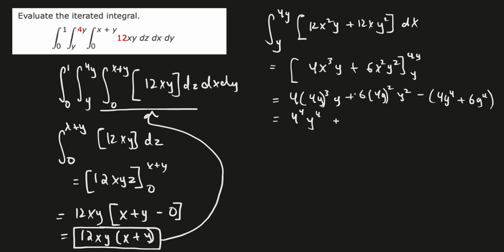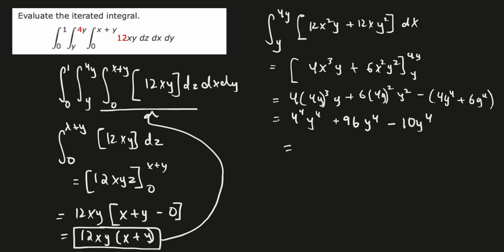So I need a calculator for this one. This is going to be 16 times 6, 96. You could do this on paper and you don't need a calculator, but I want to speed it up. So we have 16 times 6 is 96 y to the 4th, minus 10y to the 4th.